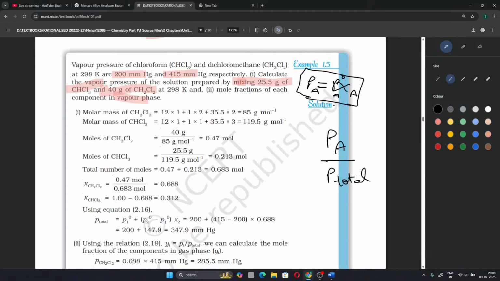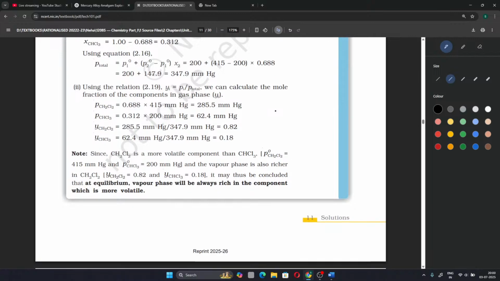Here we see that the partial pressure of chloroform is actually very small compared to that of dichloromethane. Maybe this means that chloroform is less volatile compared to dichloromethane.